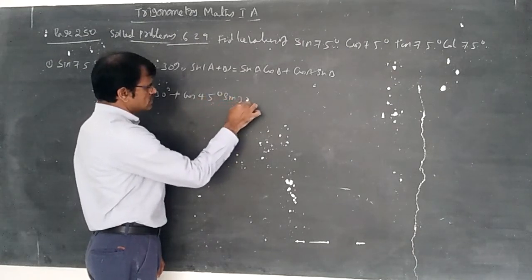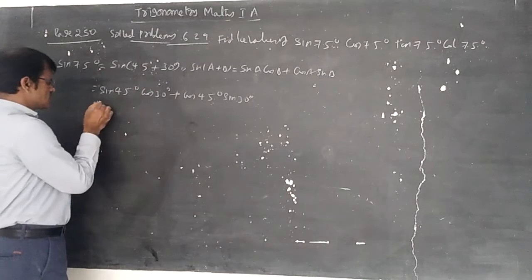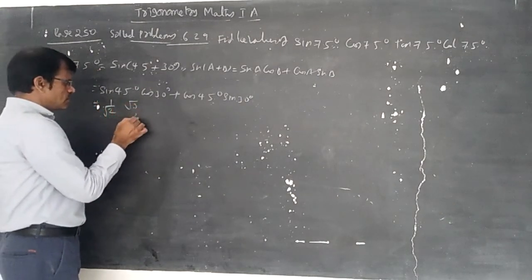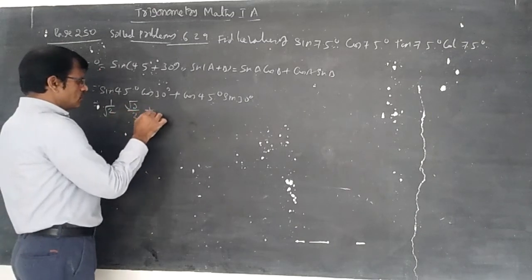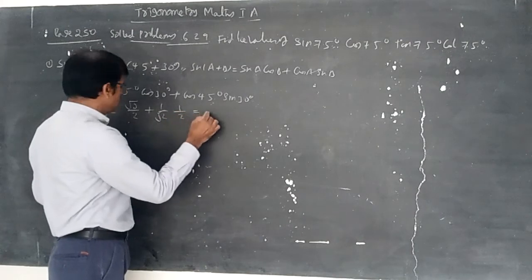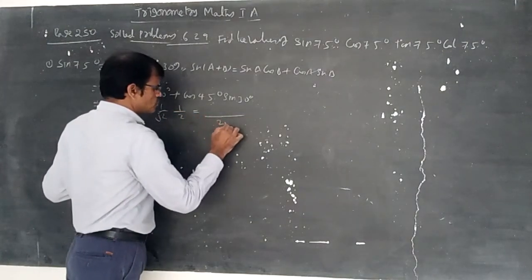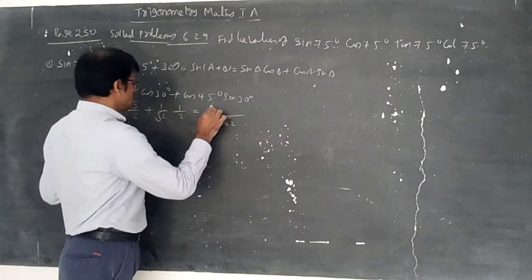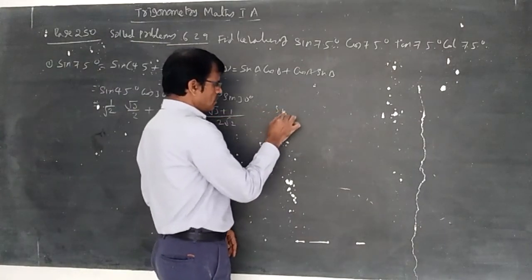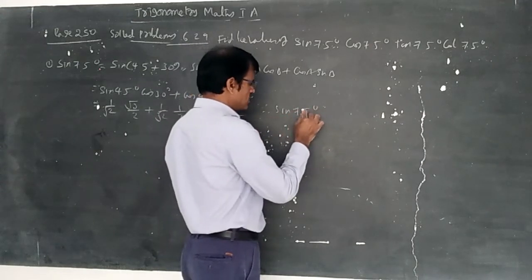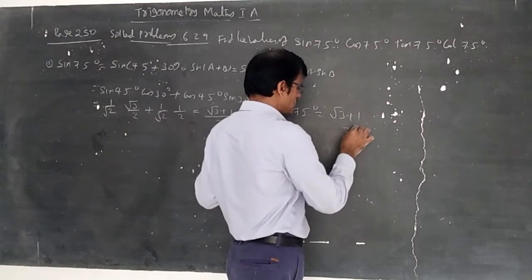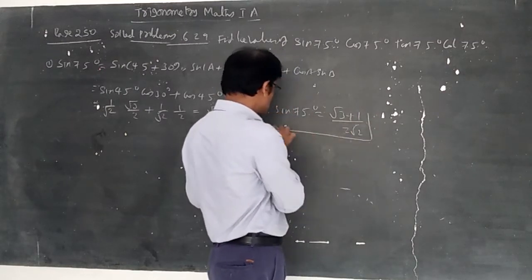Sin 45 value is 1 by root 2 and cos 30 value is root 3 by 2, plus cos 45 value is 1 by root 2 and sin 30 value is 1 by 2. So 2 root 2 is the LCM. Here root 3 plus 1. Therefore, I am writing here sin 75 degrees is equal to root 3 plus 1 by 2 root 2. It is a most important formula.